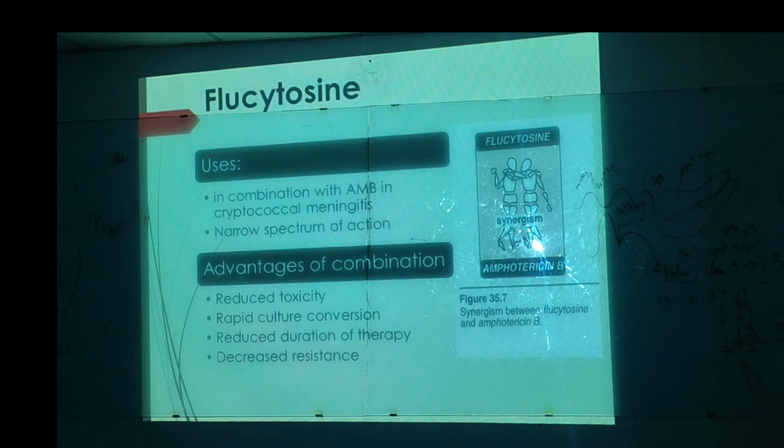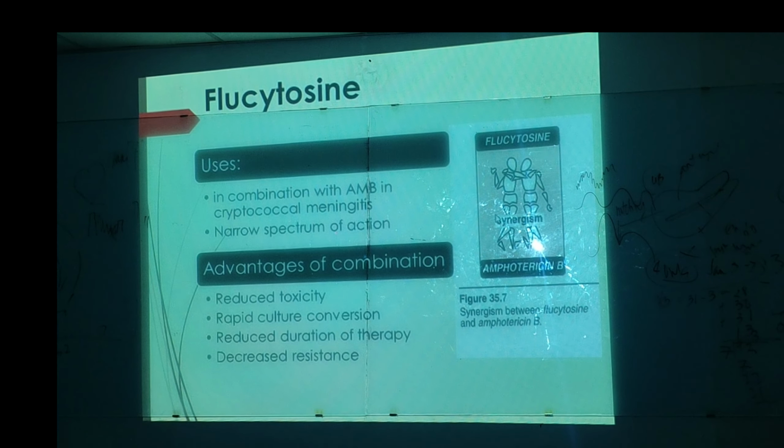Okay, they are friends, flucytosine and amphotericin B. So they work together. This is synergism, 1 plus 1 equals 3, more than 2.